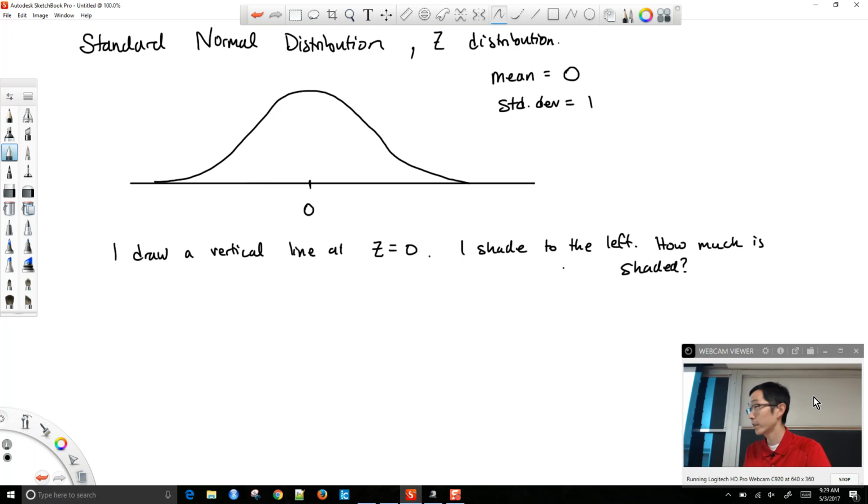Your answer is 0.5, right? Because 0 is right there in the middle.